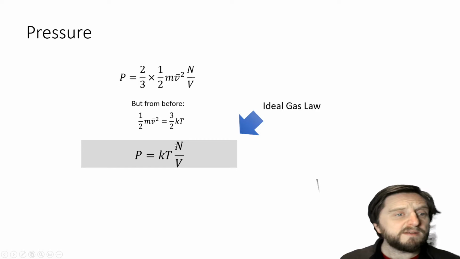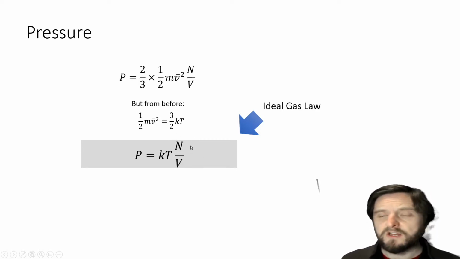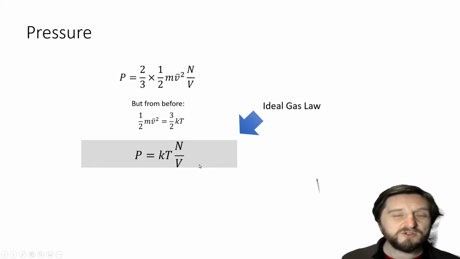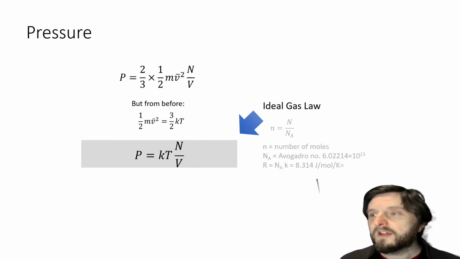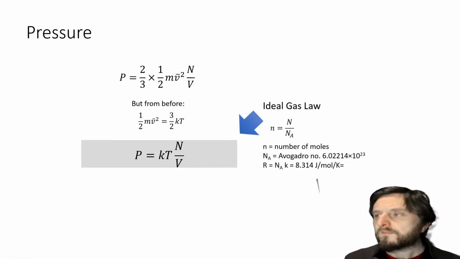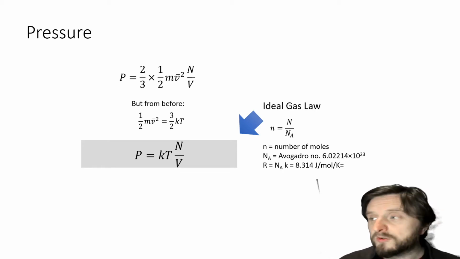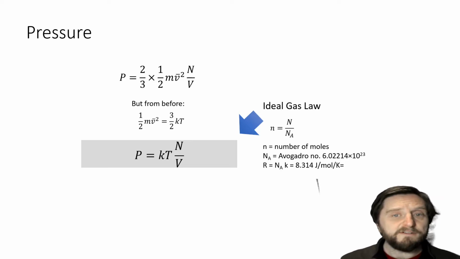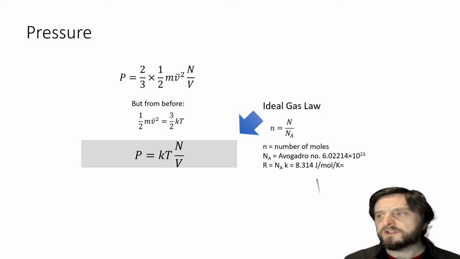Now, you may be more used to looking at it from the chemistry point of view. Here n is measured in number of molecules. In chemistry, we don't tend to use number of molecules because that number is usually gigantic. So we tend to instead use moles, where the number of moles is the number of molecules divided by Avogadro's constant, 6 times 10 to the 23.